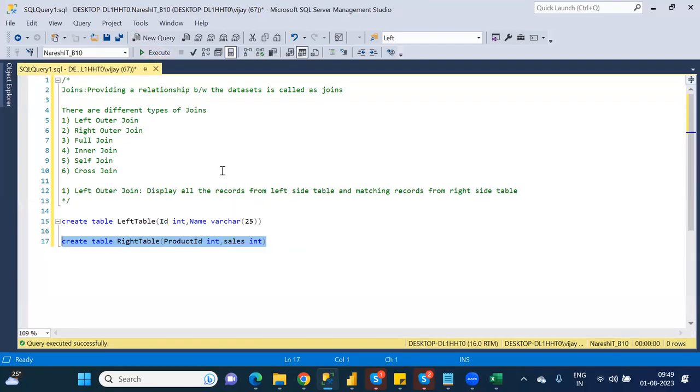Okay. These are the two tables I'm taking. Now insert the records.